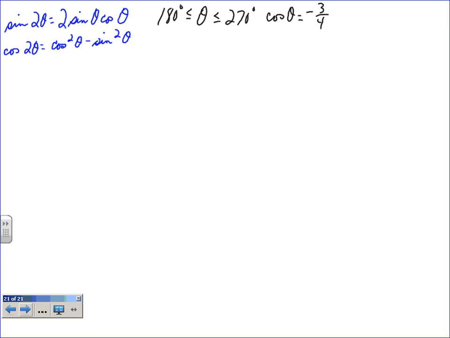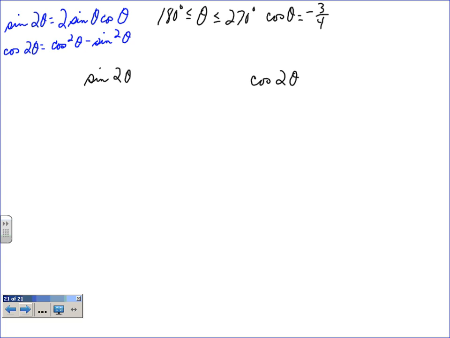Makes sense. Cosine is negative in the second quadrant. Given that information, find sine of 2 theta and cosine of 2 theta.